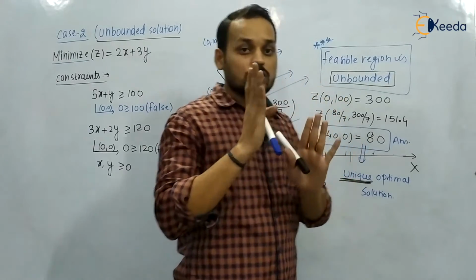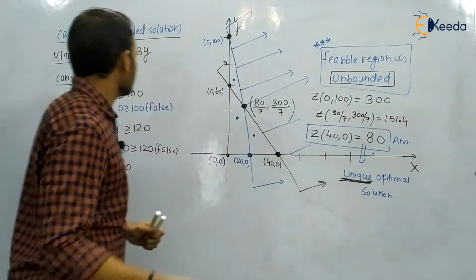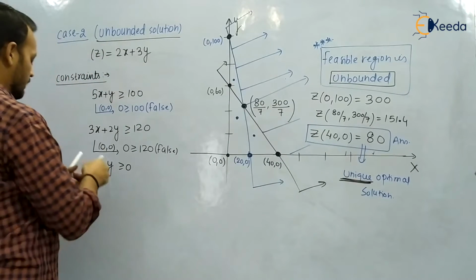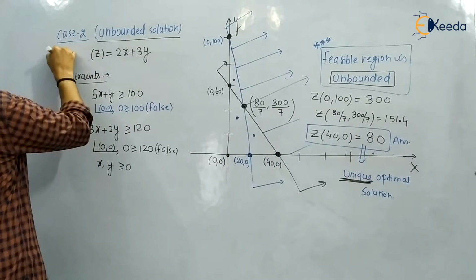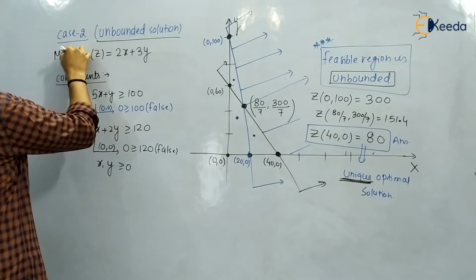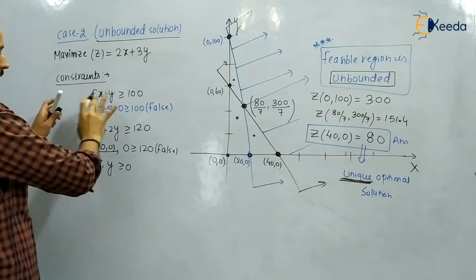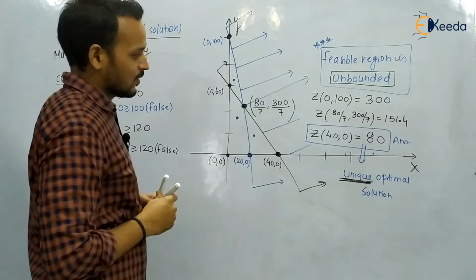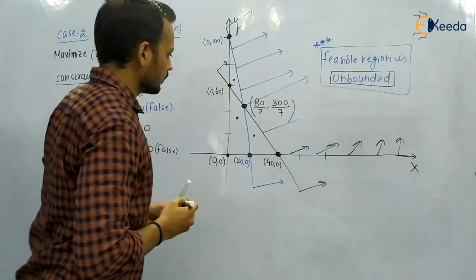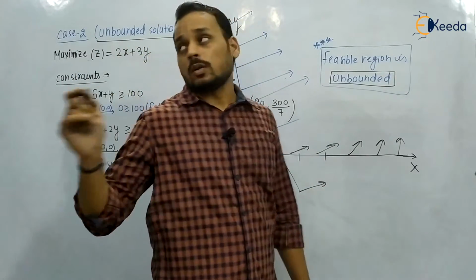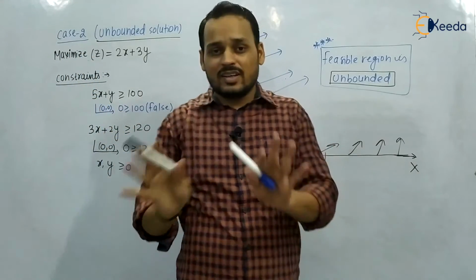Now I am going to change the question. Here I am going to write maximize, and everything remains the same. So now the problem has changed but the constraints remain the same.